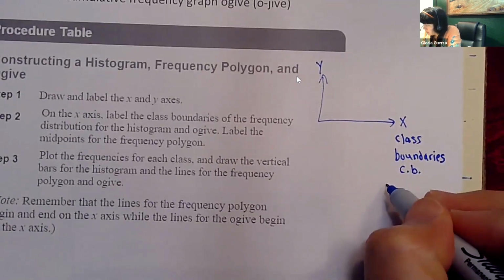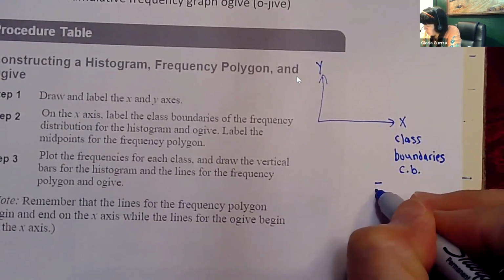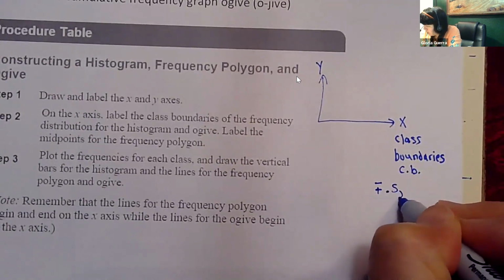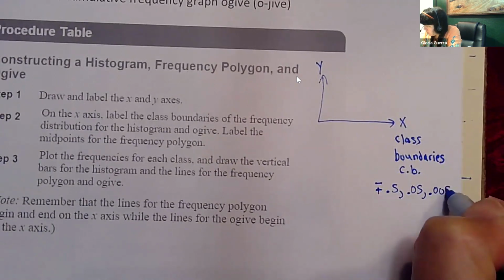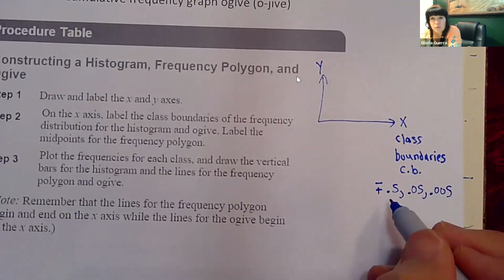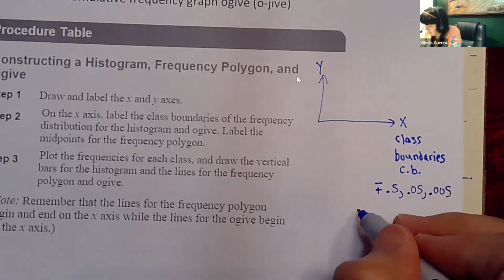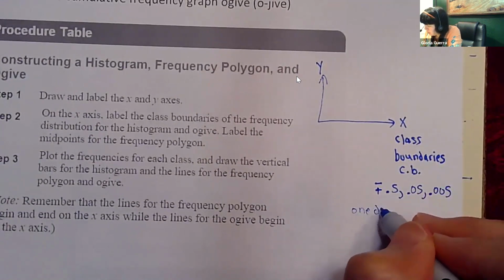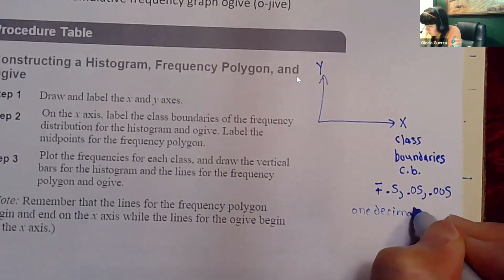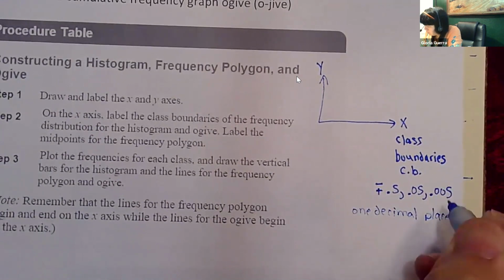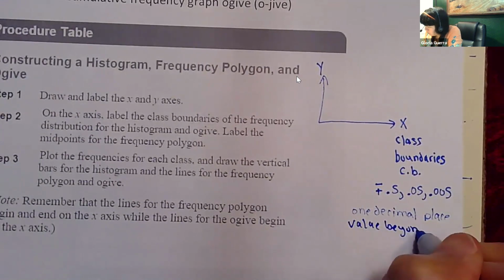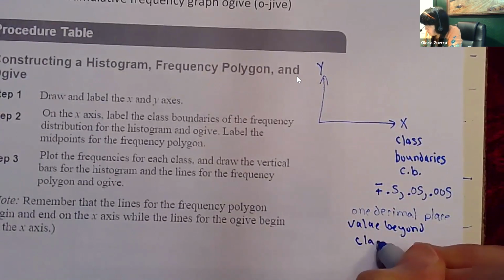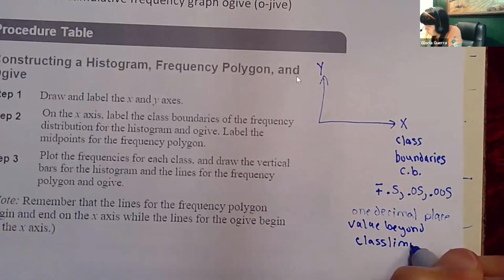Okay, so remember our class boundaries: when you construct them, you're either subtracting or adding 0.5 or 0.05 or maybe even 0.005. Whichever one you end up using, you use the one that ends up being one decimal place value beyond your class limits, or beyond your data.